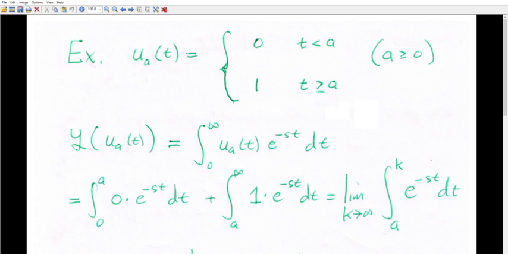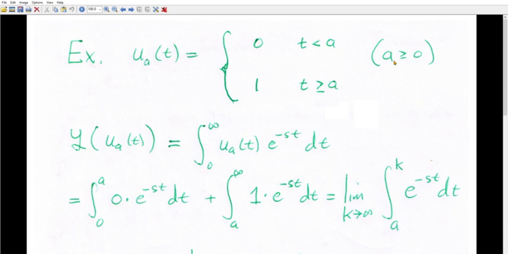Let's look at another example, this one where we have a discontinuous function, u_a of t, which is called the unit step function. The idea is that the function is 0 when t is less than a, and it jumps to the value 1 when t is bigger than or equal to a. And the assumption here is that a is some number bigger than or equal to 0.